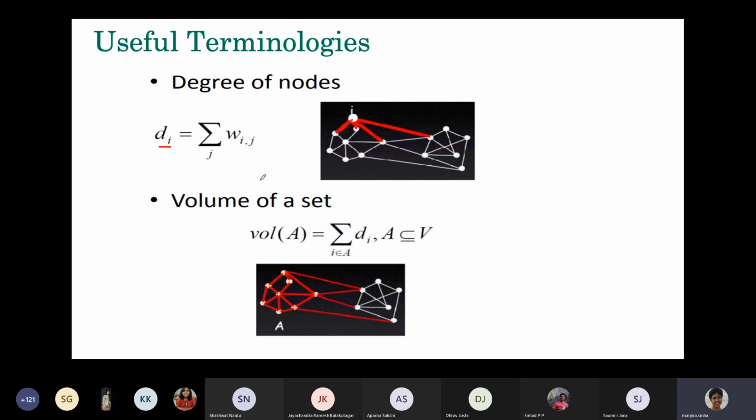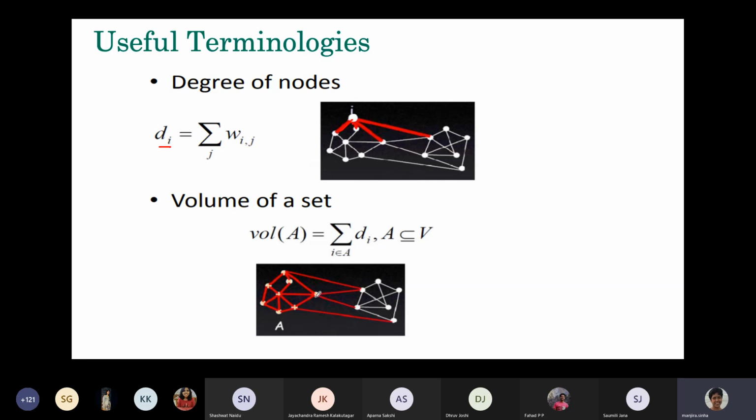Yes, from this formula. The volume of a set or a part of a graph is calculated as the sum of all the degrees of the nodes present in the set. The degree of a node is the sum of the weights of all the edges connected to it.